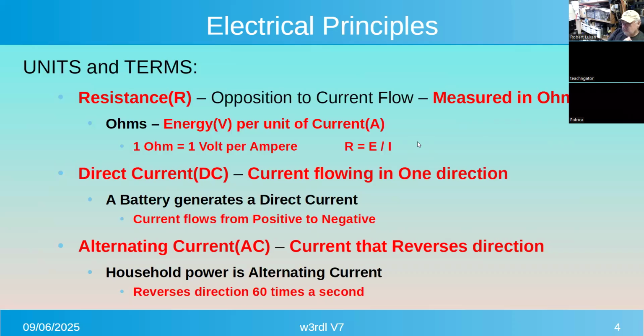I mentioned direct current, which is current flowing in one direction only, conventionally positive to negative, whereas alternating is going to change polarity, positive to negative, negative to positive.